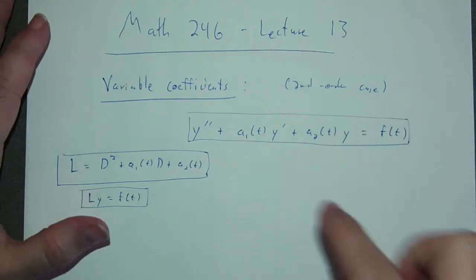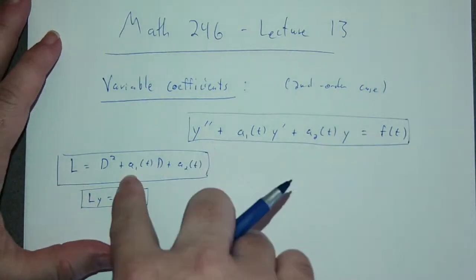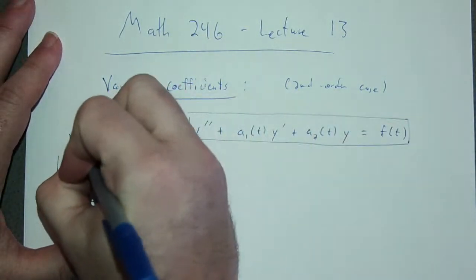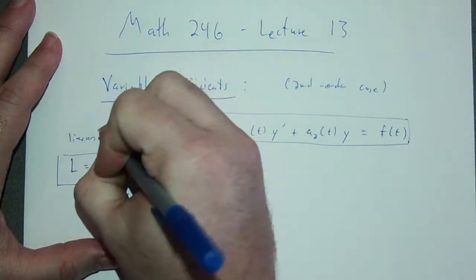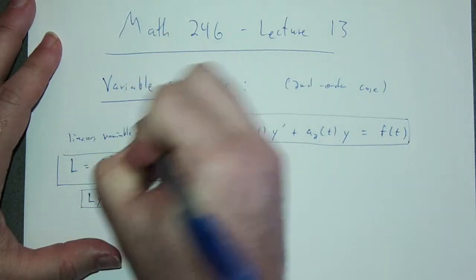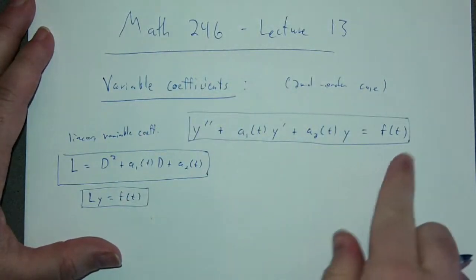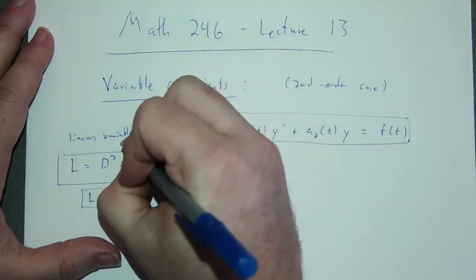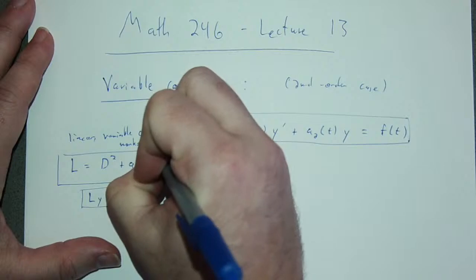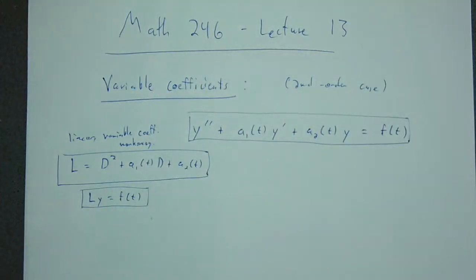The question is, this is still linear, but it's variable coefficient and non-homogeneous, so we keep track of all these qualities.